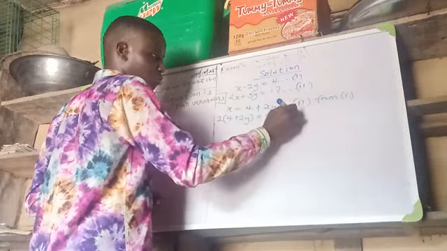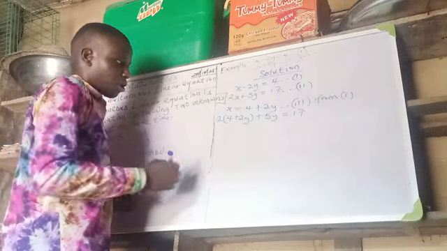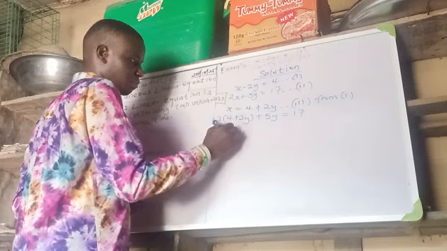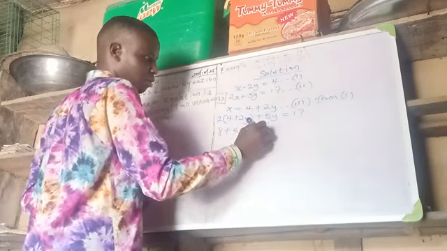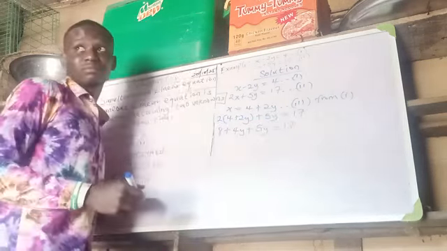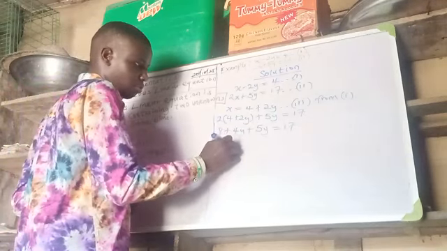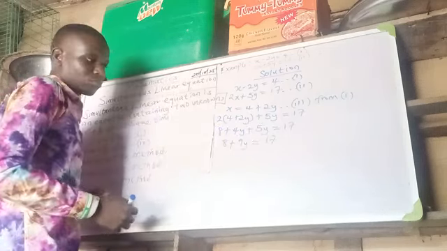Plus 5y equal to 17, right? So I open up the brackets. I'll have 2 times 4, which is 8, plus 2 times 2y, which is 4y, plus 5y equal to 17. I'm going to have 8 plus 9y equal to 17.